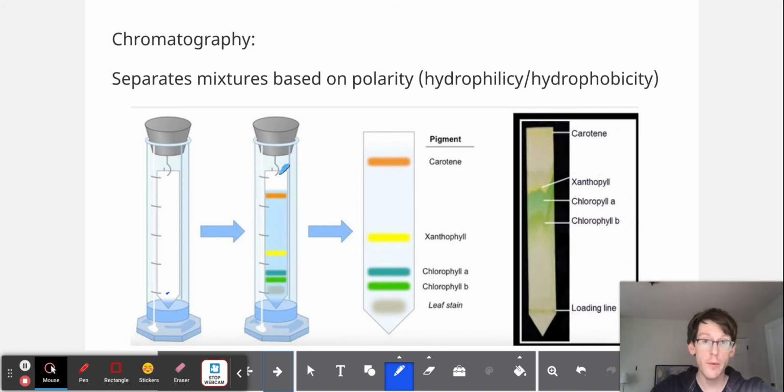So the hydrophilic molecules go up, the hydrophobic don't move very much. And based on this, we can see that from this initial mixture of many substances, we get carotene moving the furthest. It is the most hydrophilic, and then xanthophyll is the next, and then chlorophylls A and B in that order.